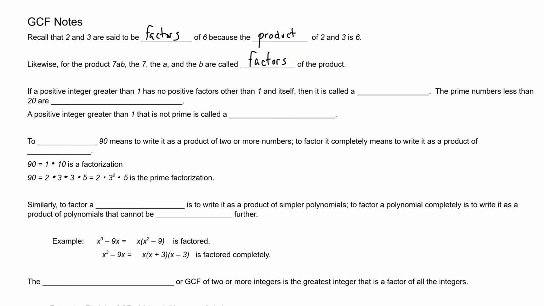of the product. If a positive integer greater than 1 has no positive factors other than 1 and itself, then it is called a prime number.